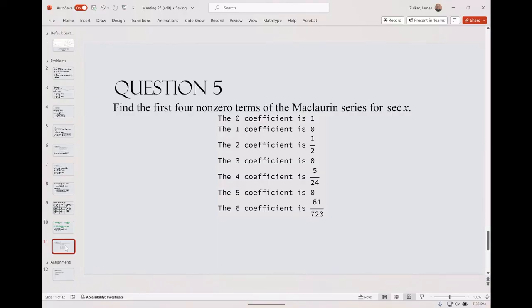So we have T6 is what we want. It's 1 plus x squared over 2, okay, that's right, plus 5x to the 4th over 24 plus 61x to the 6th over 720.